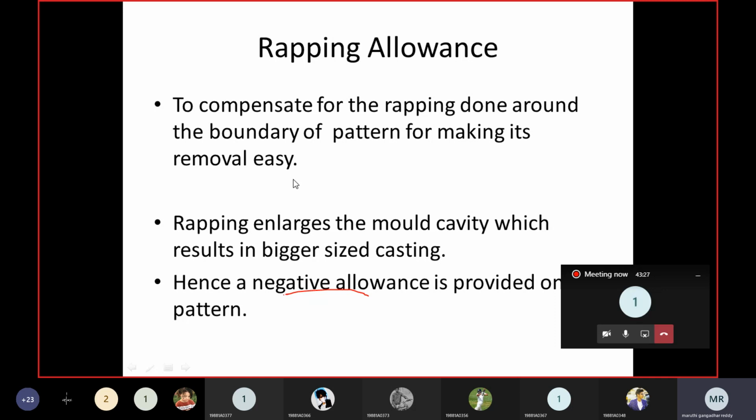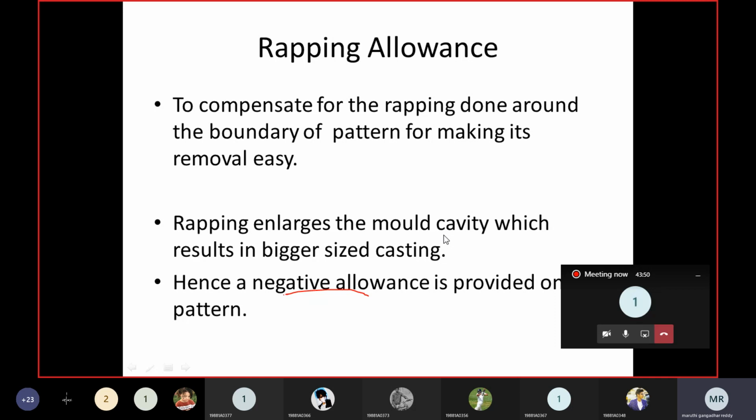So what do I need to do? The wrapping enlarges the mold cavity, which will result in a bigger sized casting. In order to avoid that, I will subtract a small portion of the value wherever the wrapping will happen. I am going to deliberately reduce the size of the pattern and compensate for that. This is called the wrapping allowance.